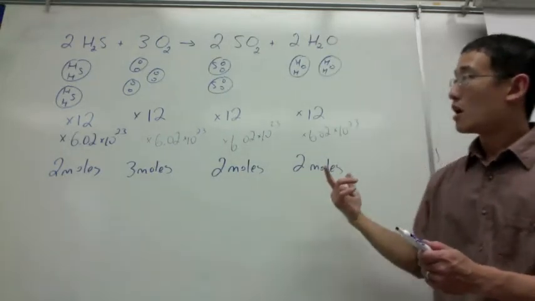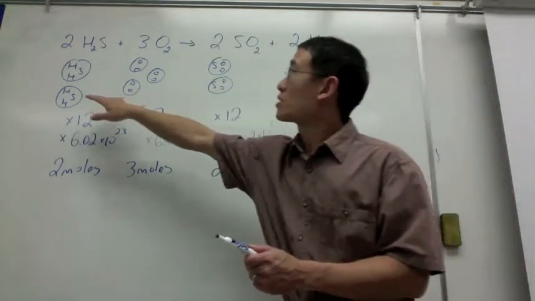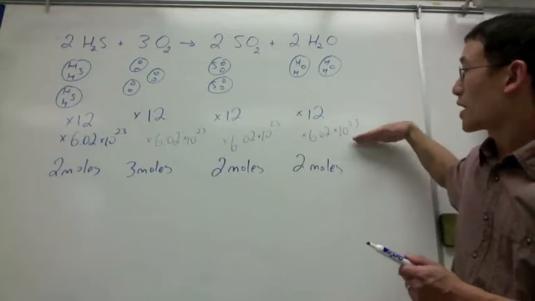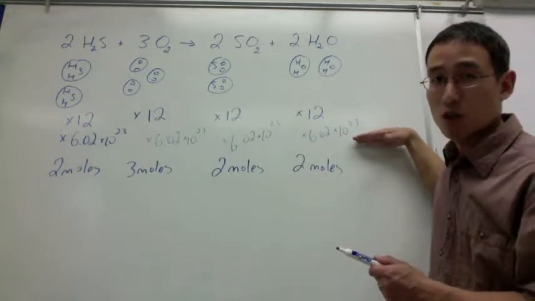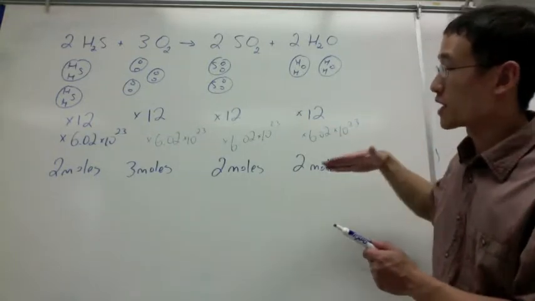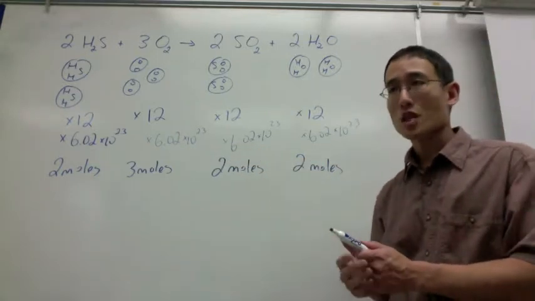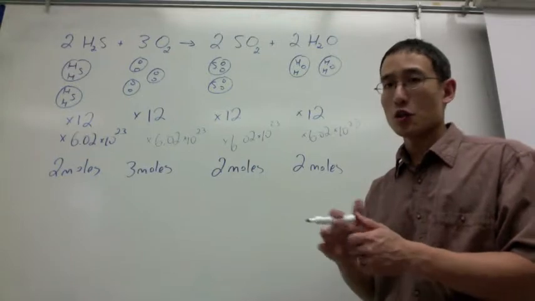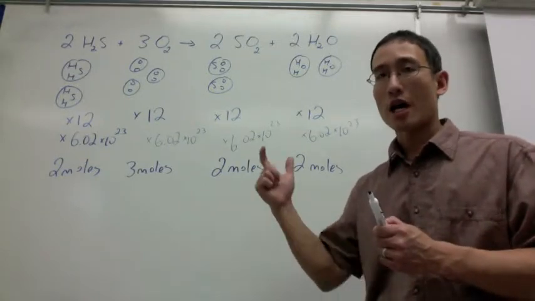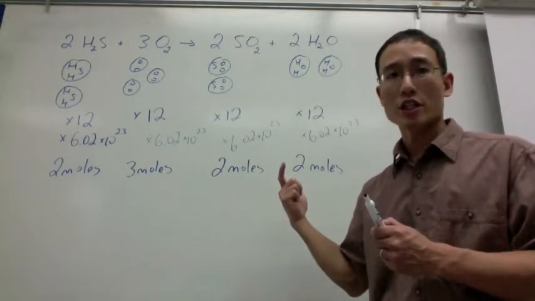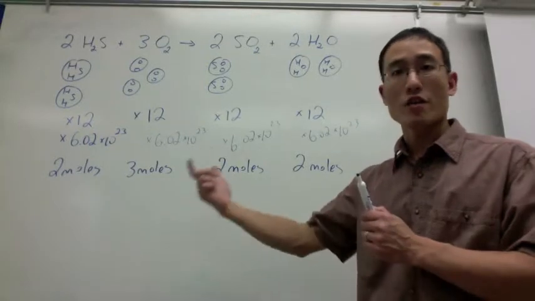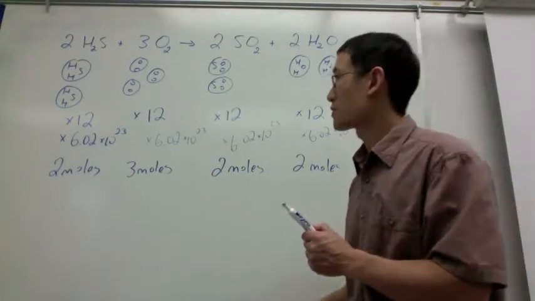So if you take 2, 3, 2, 2 and multiply it by 6.02 times 10 to the 23rd, you're essentially getting 2 moles, 3 moles, 2 moles, and 2 moles of everything. And so this allows us to figure out how many of each thing you can make if you're given a certain amount of something else.